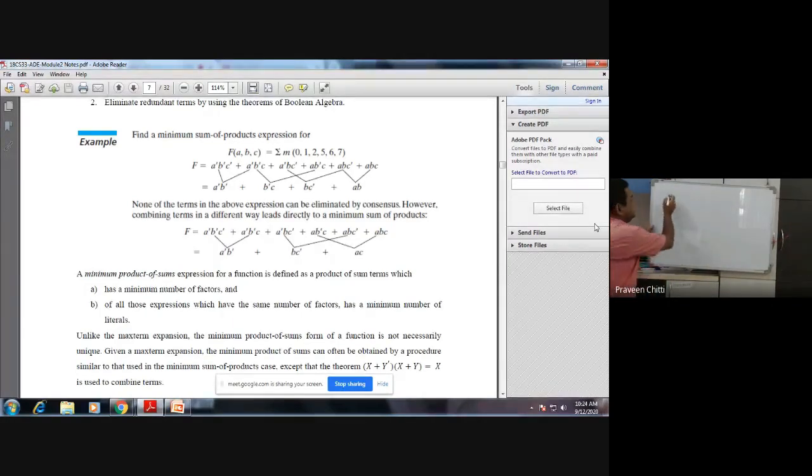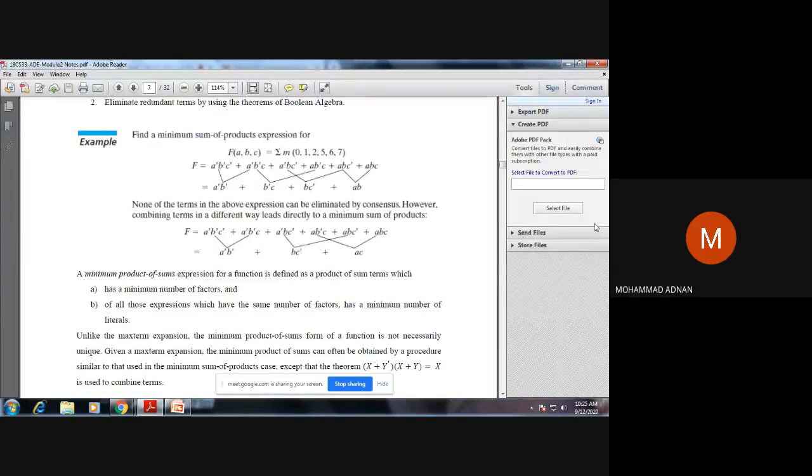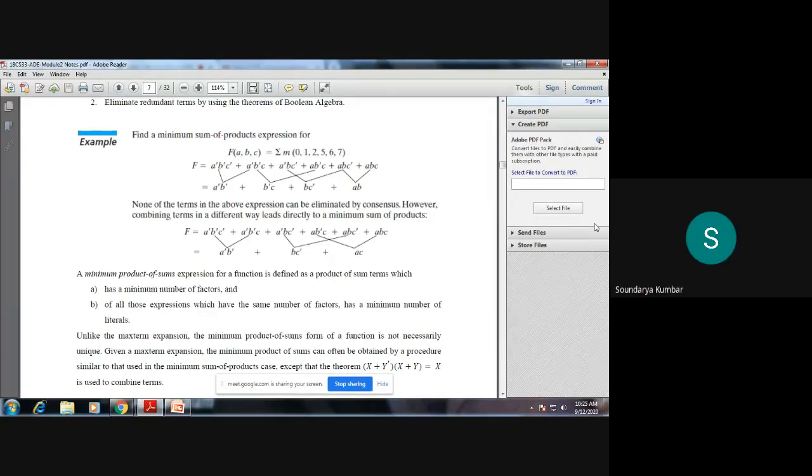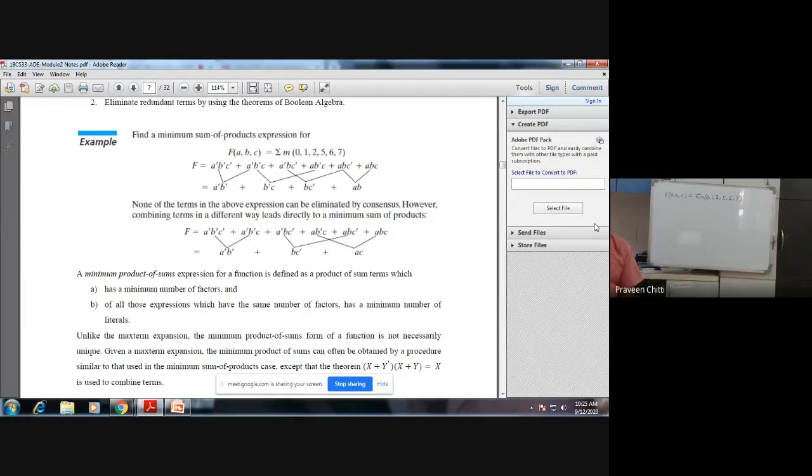What is the given expression? f of a, b, c equals sigma m of 0, 1, 2, 5, 6, 7. Is that clear? The board is also visible for you people. Yes, sir. So how do we simplify this?